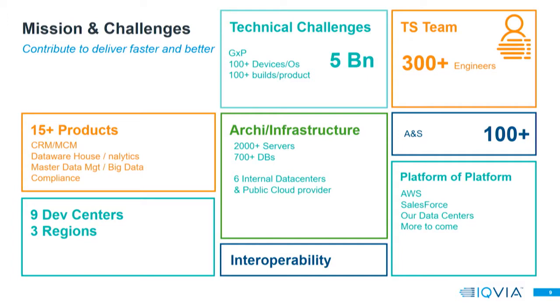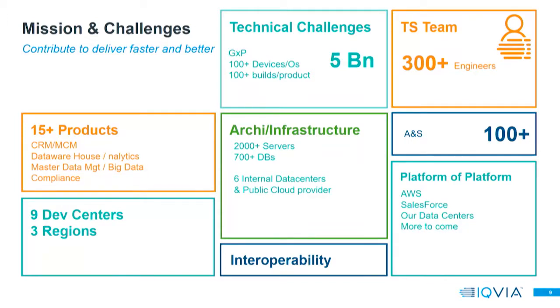So if we want to fully test that, it consists of 5 billion tests just for one product. And we have 15 plus products. And those products exchange data together. And to do that, we are around 300 engineers. And in our team on DevOps, ProdOps, and testing side, we have 100 engineers, okay?